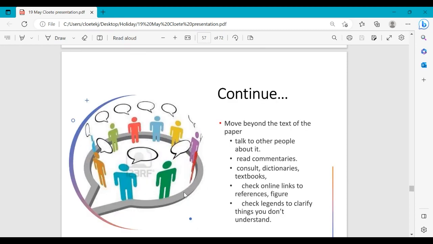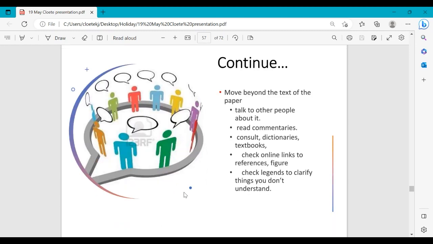Once you critique the paper yourself and you've written down all your comments and suggestions, you want to start talking to your supervisor, and maybe present this in a journal club. You may want to check online talks or links to other references of this paper, and listen to those. But essentially, you now need to go and discuss this with other people.